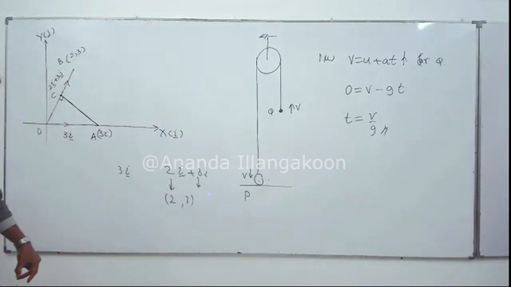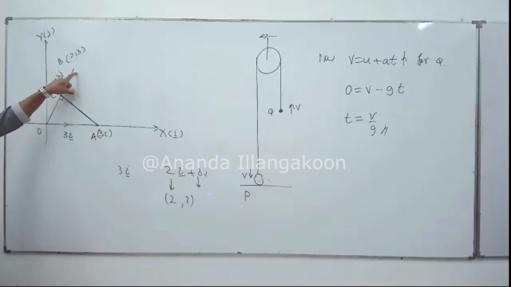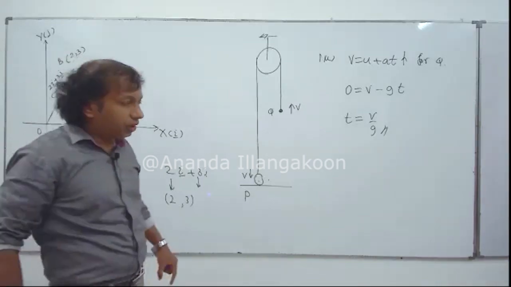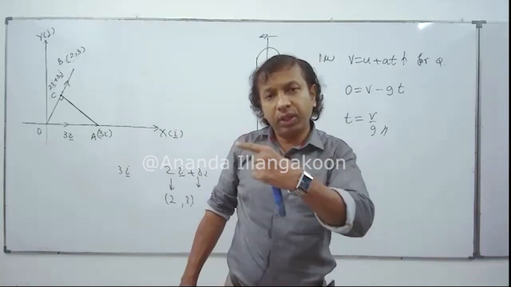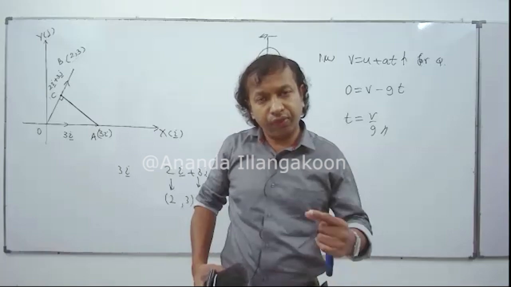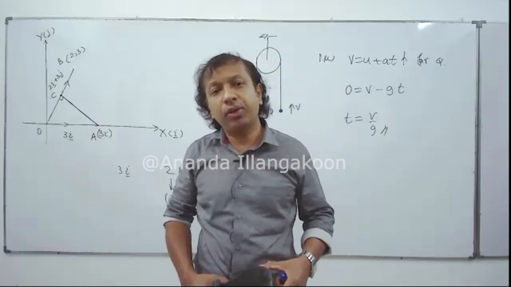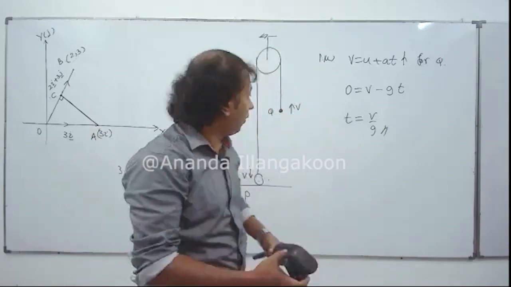Now we can think like this. The OC vector and the OB vector lie on the same line, so we can write the OC vector as a part of the OB vector.